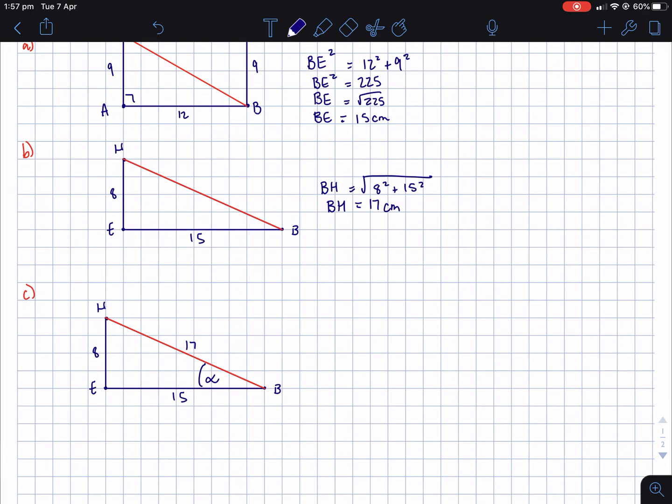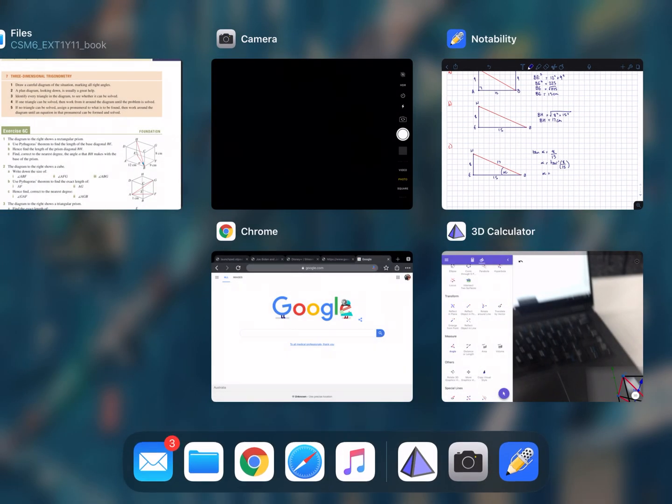So that's alpha. I'm going to use tan. Alpha equals 8 on 15. So alpha equals, what's the opposite of tan? Arctan. That's a calculator job. Let me record myself putting this into the calculator in case that's what you're struggling with.